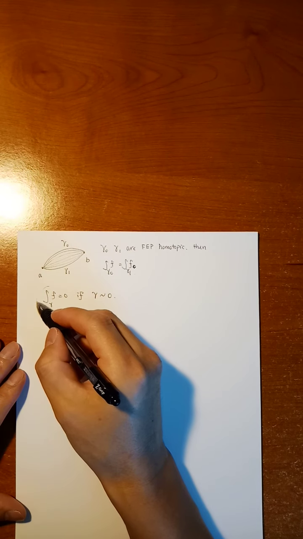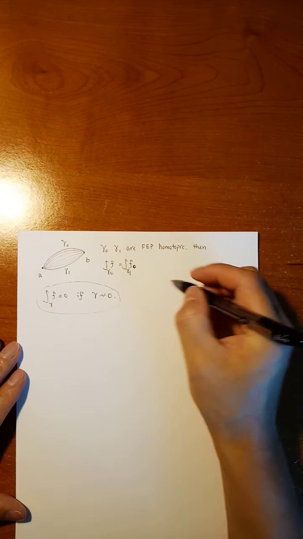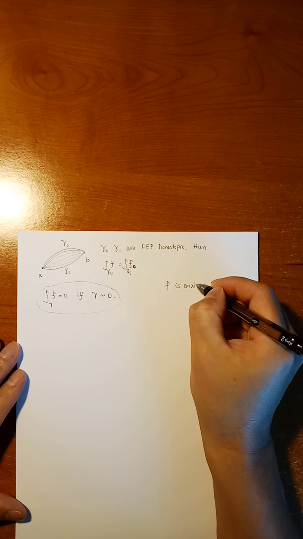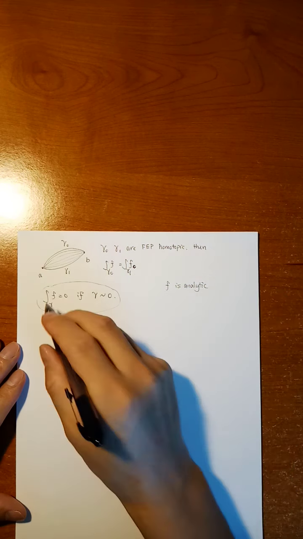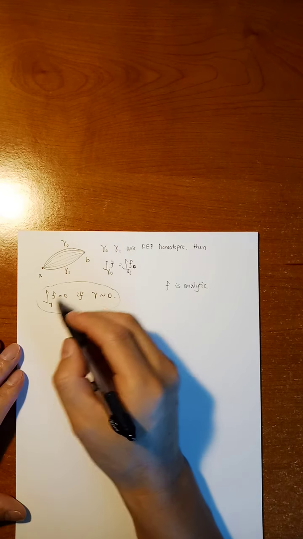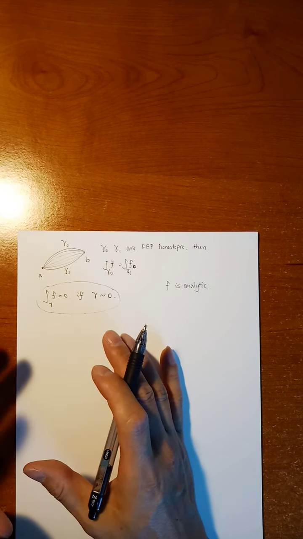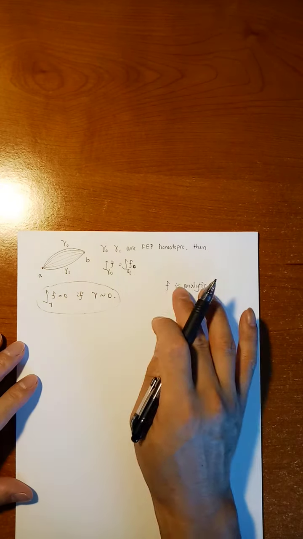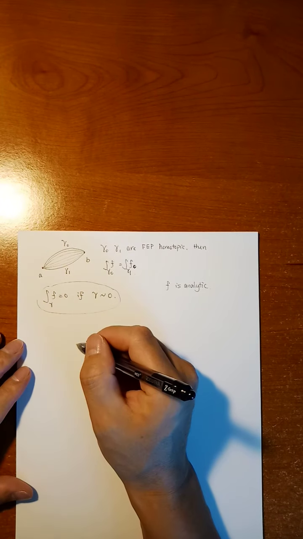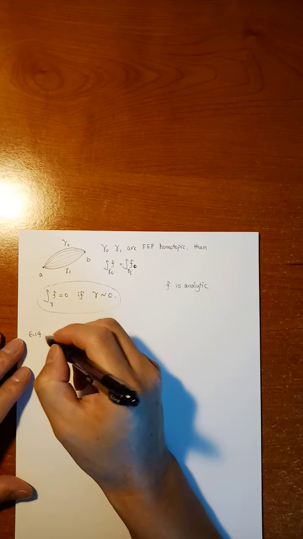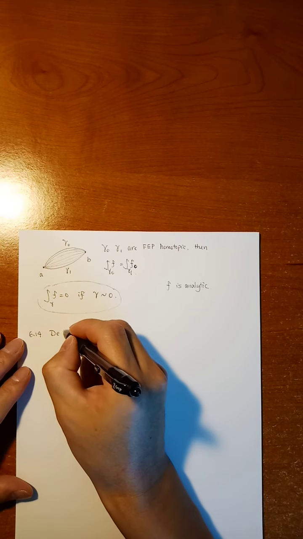This property is very important, f is always analytic. We want to specifically mention the region, the domain of f, with such a property. So that's definition 6.14.